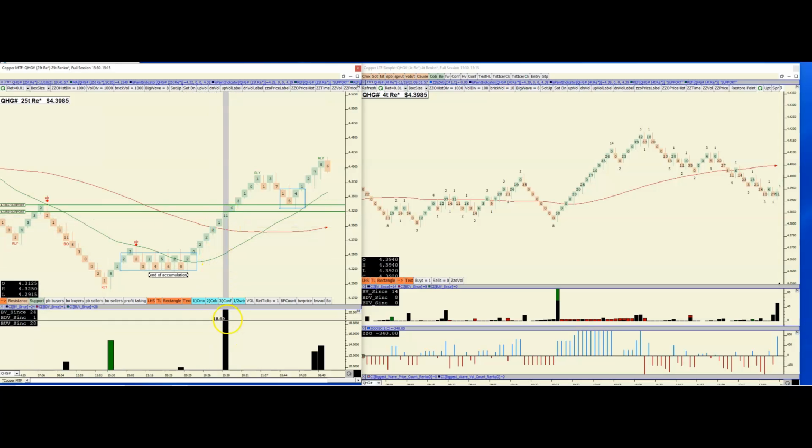Look at this big black brick, I don't know why it's not green, but anyway, it's big volume right here. This is the biggest volume in about 24 and the biggest volume in about 28 up bricks. Right at that resistance level, sellers tried to sell it and failed, and buyers came in and took the market right back up to the top of the brick with heavy volume.